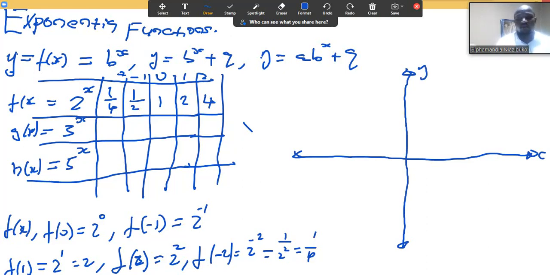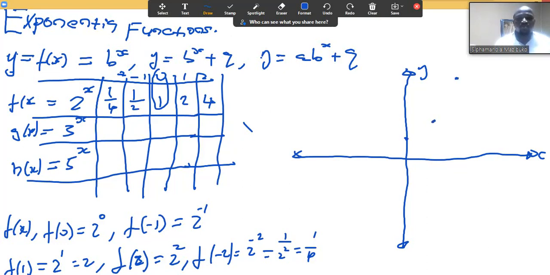We have x equal to 0 and y equal to 1, so that point would be here. If x is 1, we get y to be 2, so it will be here. If x is 2, we get y to be 4.